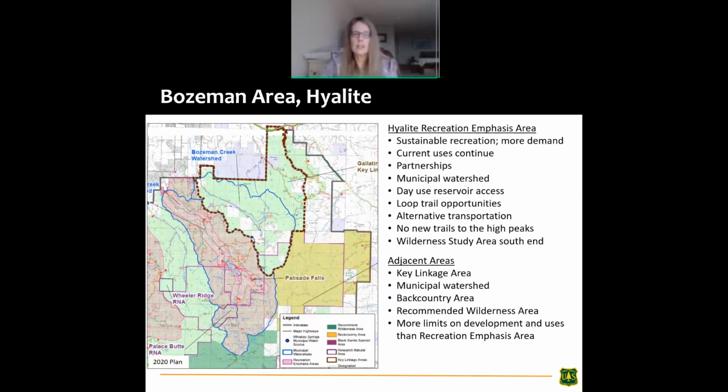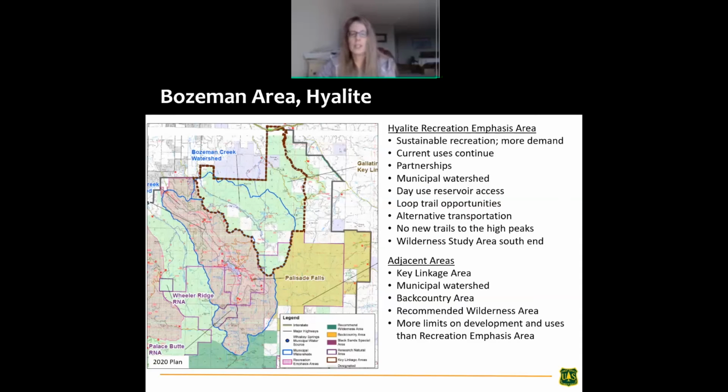In Hyalite, the challenge will be sustainable recreation with increasing demand. And we can foresee that demand will continue to increase. And so it's about sustainable recreation for the recreation visitor, as well as sustainability ecologically.